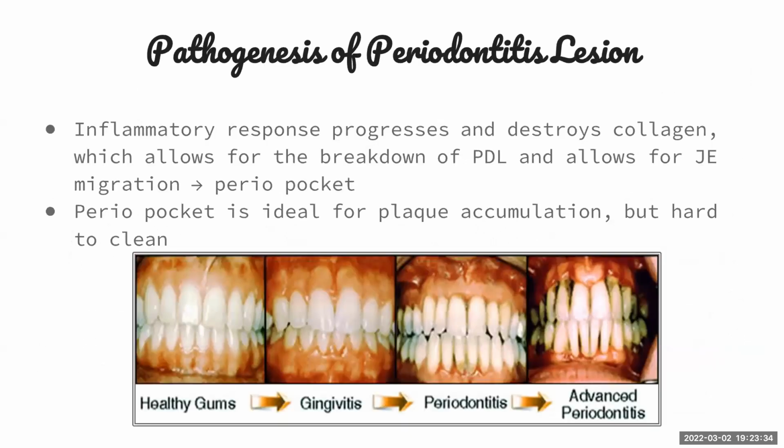The inflammatory response progresses and destroys collagen, which allows for the breakdown of the periodontal ligament and the apical migration of that junctional epithelium. You've got a periodontal pocket, warm, dark, moist, hard to clean, undisturbed. Bacteria love it.